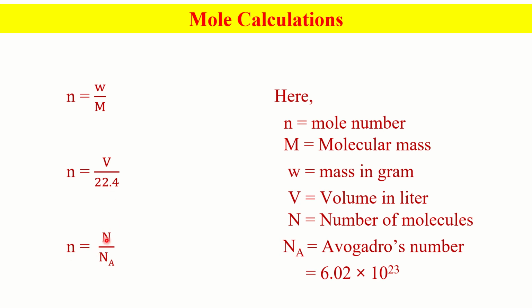Mole number n equals capital N divided by Na. This capital N is the number of molecules, and Na is Avogadro's number, that is 6.02 into 10 to the power 23. You can use these formulas for doing math, or you can do the math without using them.